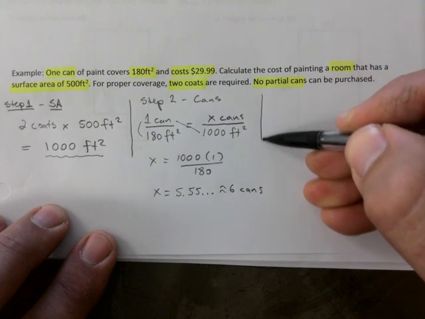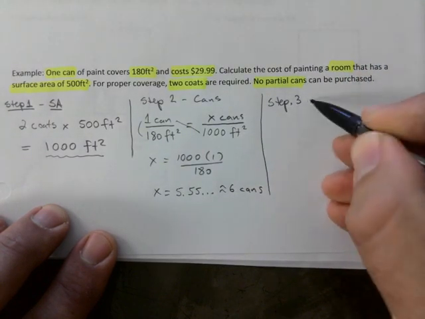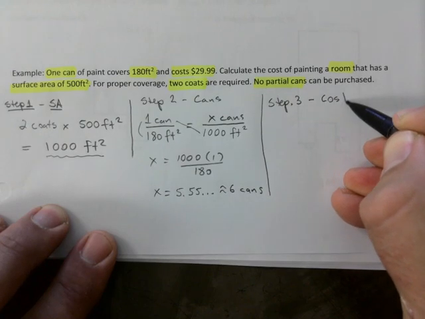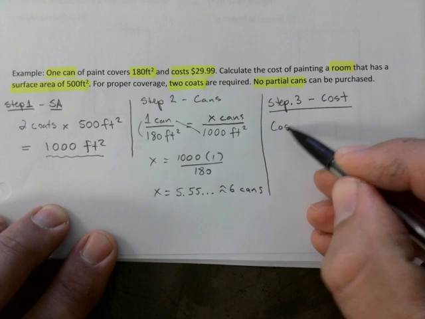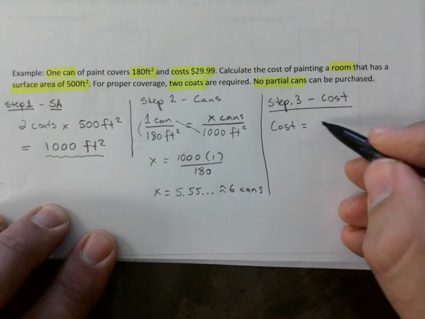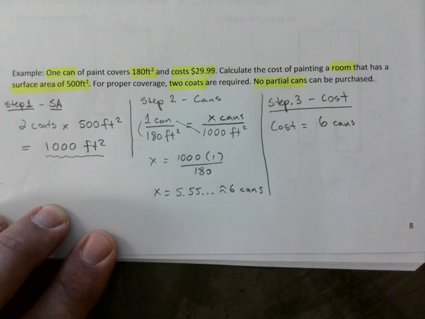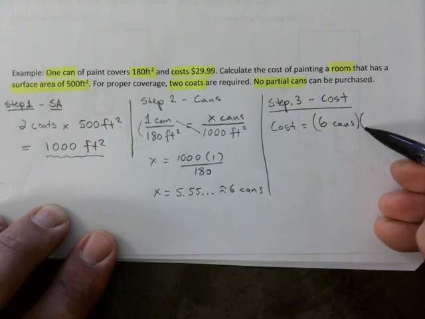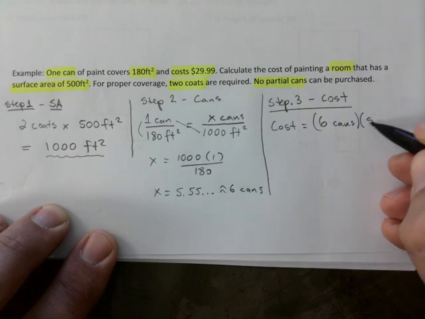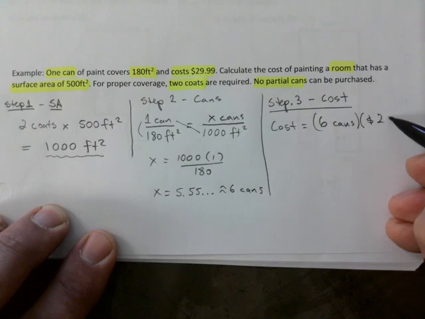So then step 3 is when we figure out the cost. And I'm just going to go, cost would be 6 cans. This is like the gas question, like how many liters are you gassing up? So you just take your cans and you multiply it in this case by $29.99.